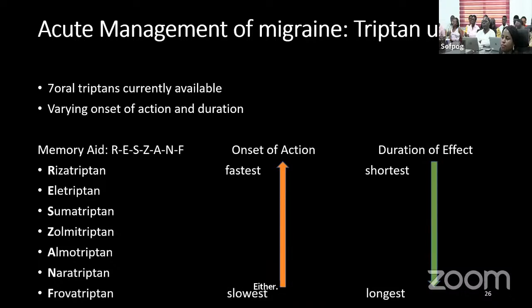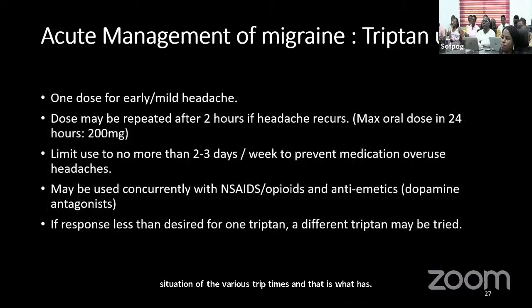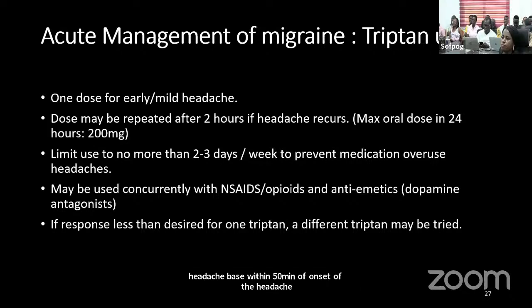Now, for the acute management of migraine with the triptans, it will be useful to know the onset of action as well as the duration of the various triptans, and that is what has been spelled out here. In terms of using triptans, it's important to give the triptan early on in the headache phase, within 15 minutes of onset of the headache when it is mild, and the dose ranges from as little as 50 milligrams to as high as 100 milligrams.